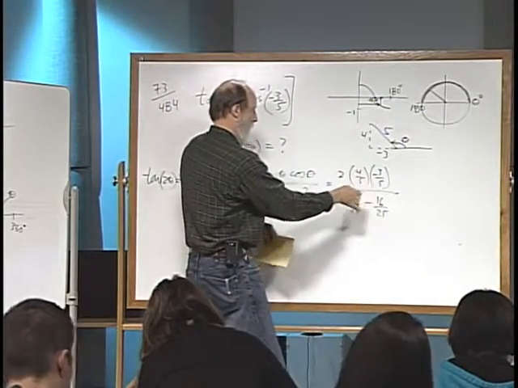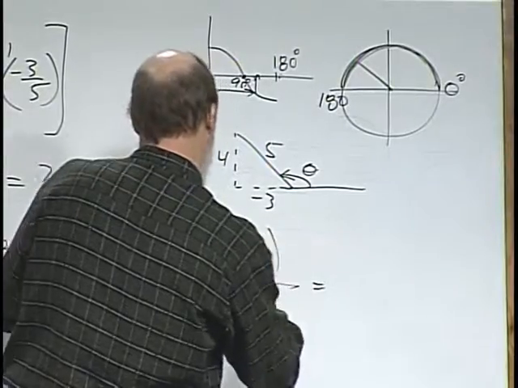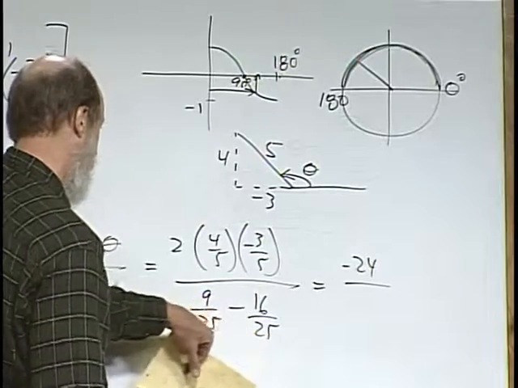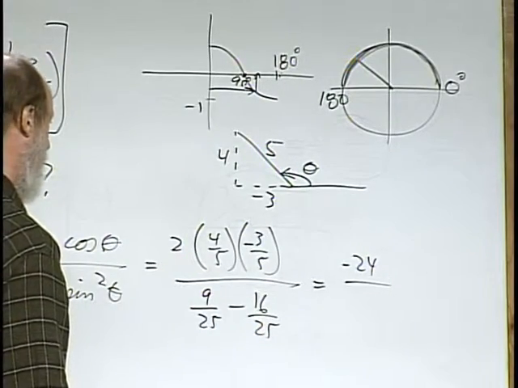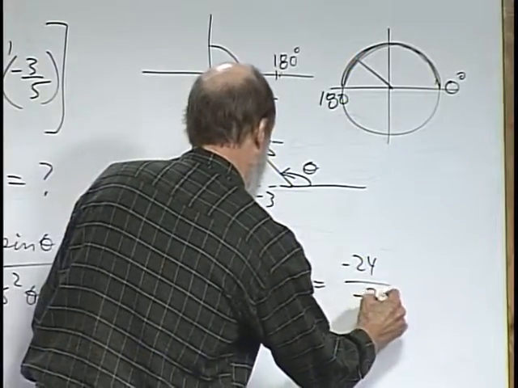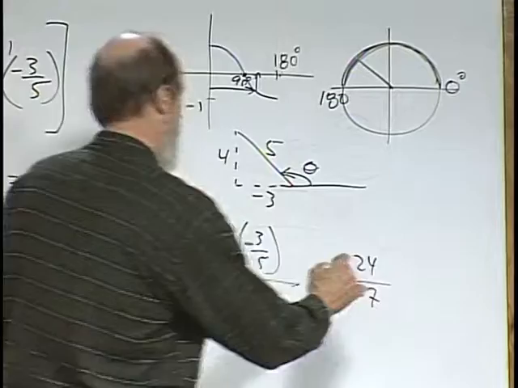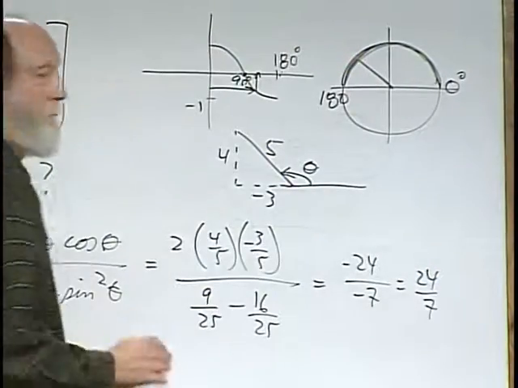We multiply numerator and denominator by 25, and we end up getting -24 over -7. Is that right? I think so. And so we end up with 24/7 for the tangent reading.